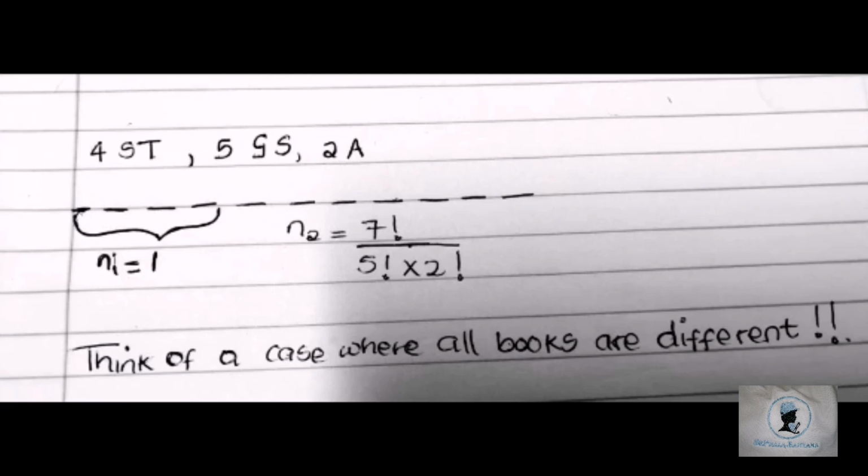So please think of a case where all the books are different. I couldn't find a question that covered that, but I know it's there one way or the other, or some of you maybe did get it. So just try to find a question that requires you to arrange different books, right?